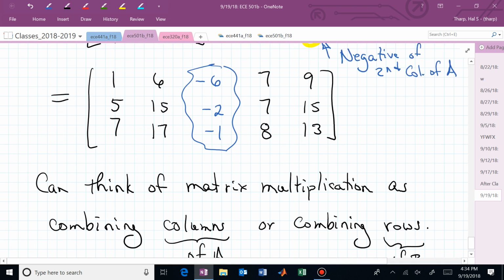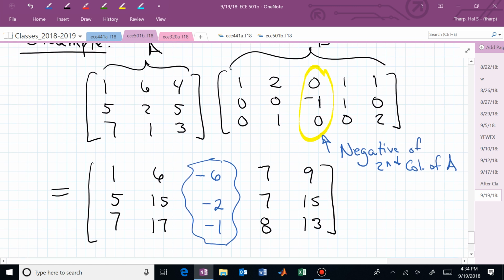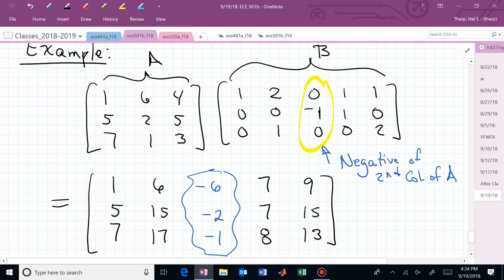How many have already used that strategy for multiplying matrices or had seen it? Is that something new to most of you? You've seen it before? Use calculator? Oh, well, you want to be able to use your mind and to see what's happening.